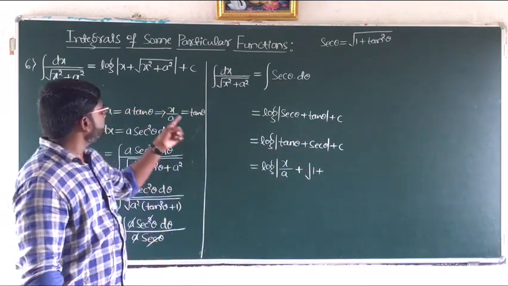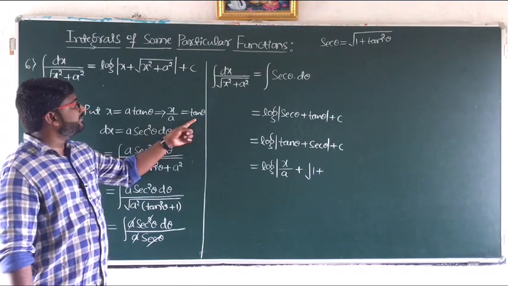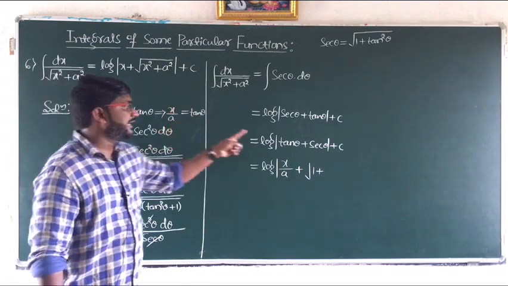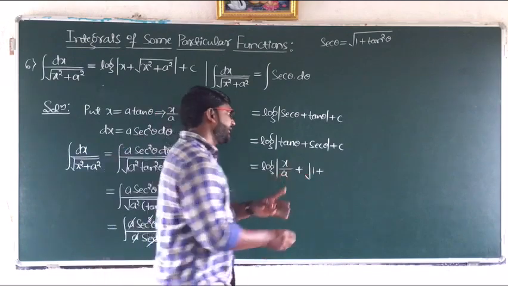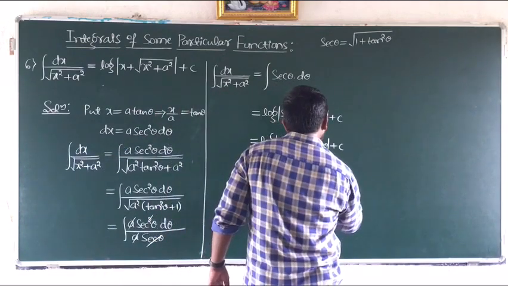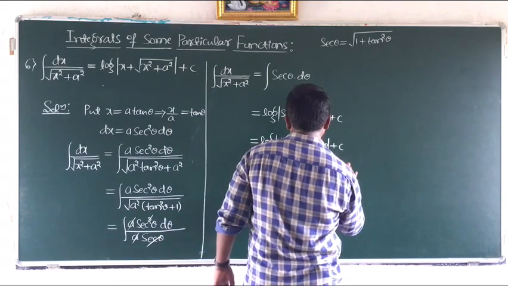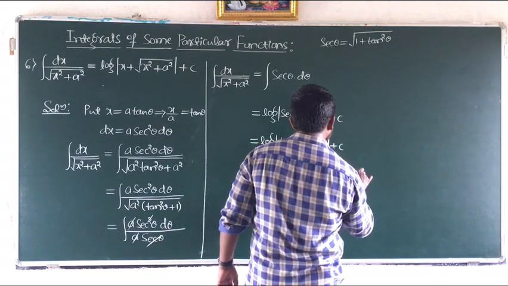So what is tan theta now? Tan theta will be x by a. Tan square theta will be x square by a square. That I am going to write directly. So here x square by a square, mod complete, plus c.